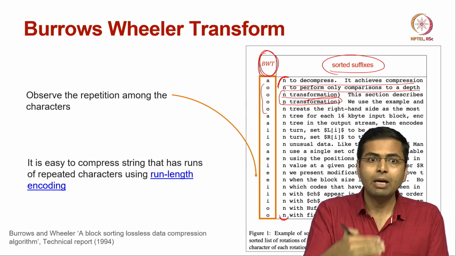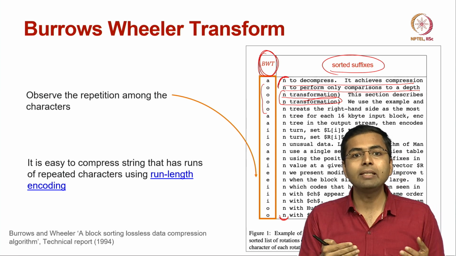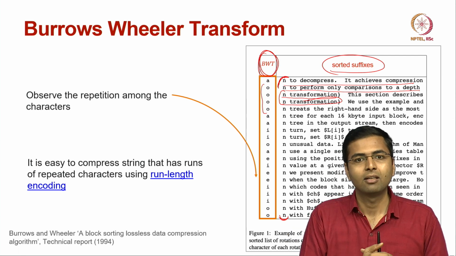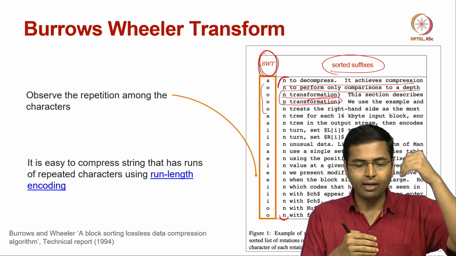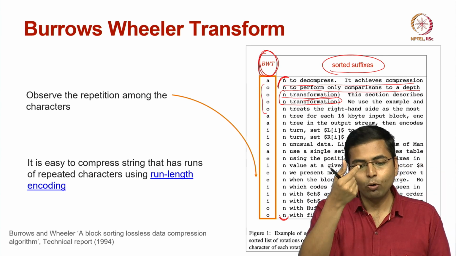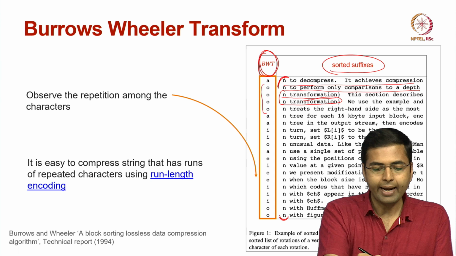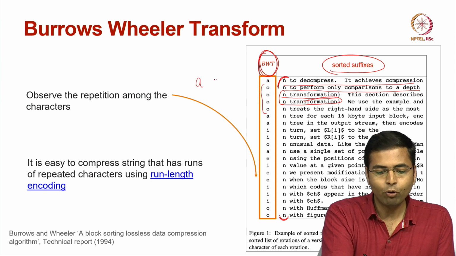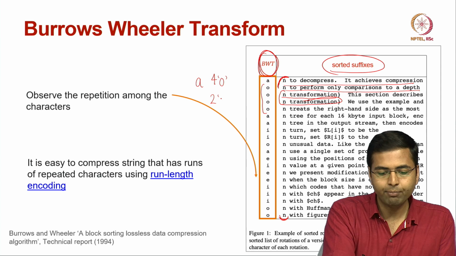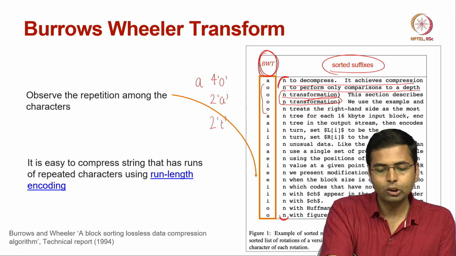and because of this repetition, it is easy to compress the string that has runs of repeated characters. Once you have these runs of repeated characters, instead of writing them as a o o o o, I can write it as a followed by 4 o symbols, followed by 2 a symbols, followed by 2 i symbols, and so on.